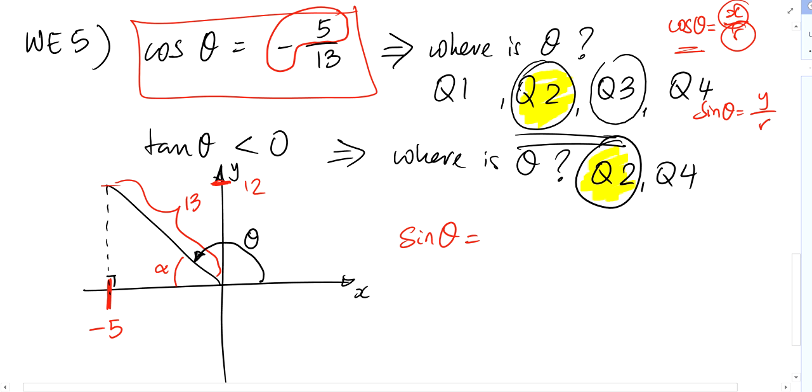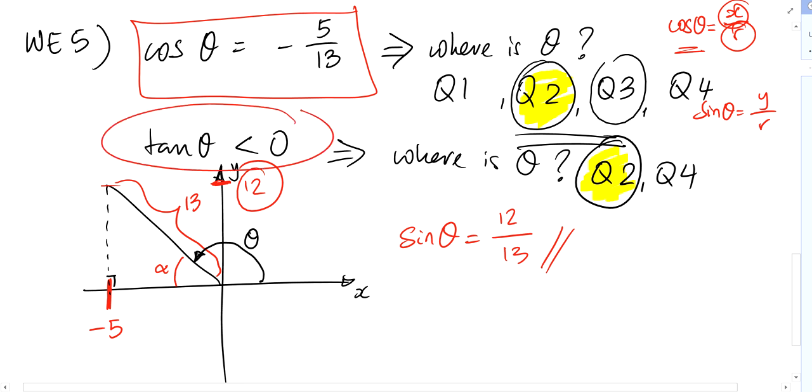So what is y? 12, positive. What is the radius? 13. So sine theta will be 12 over 13, provided that cosine theta is negative 5 over 13 and tangent theta is less than 0.